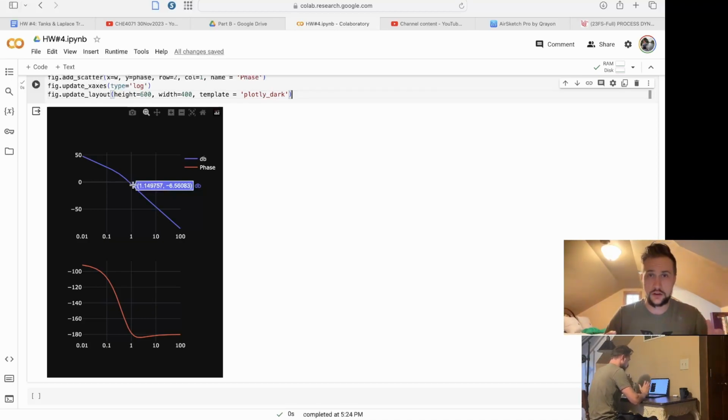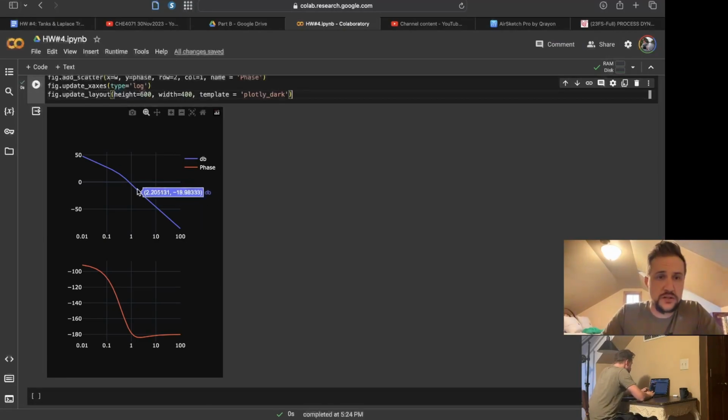That's what occurs if our magnitude is greater than 1 at the crossover frequency. Here in this case, we have an amplitude ratio that's less than 1, which is great. That should suggest to us that our system is going to eventually stabilize out.